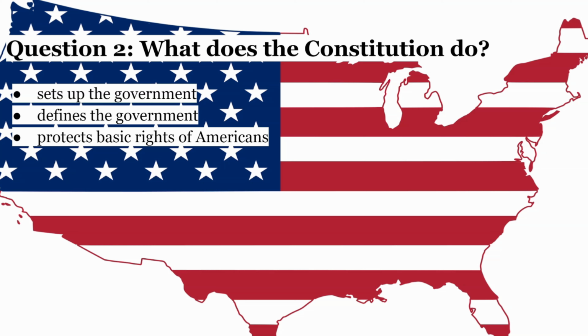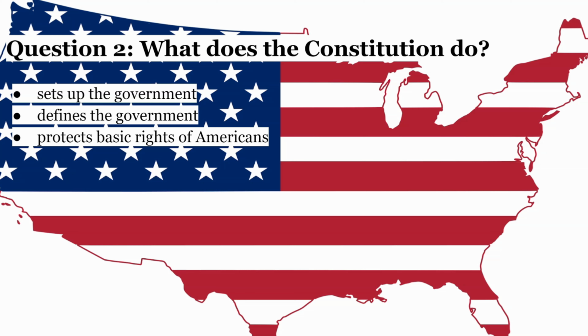It defines the government, like what the government is allowed to do in terms of taxes, what Congress is allowed to do, what the president is allowed to do, what the Supreme Court is allowed to do. Those first two answers tie more into how the Constitution is like the rule book.